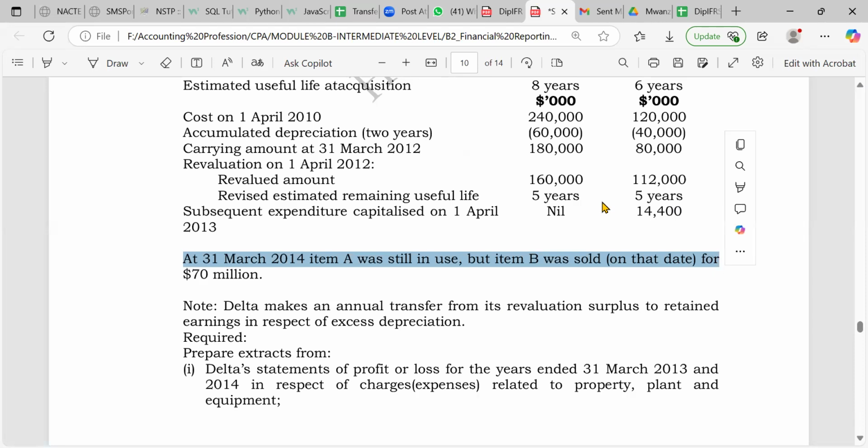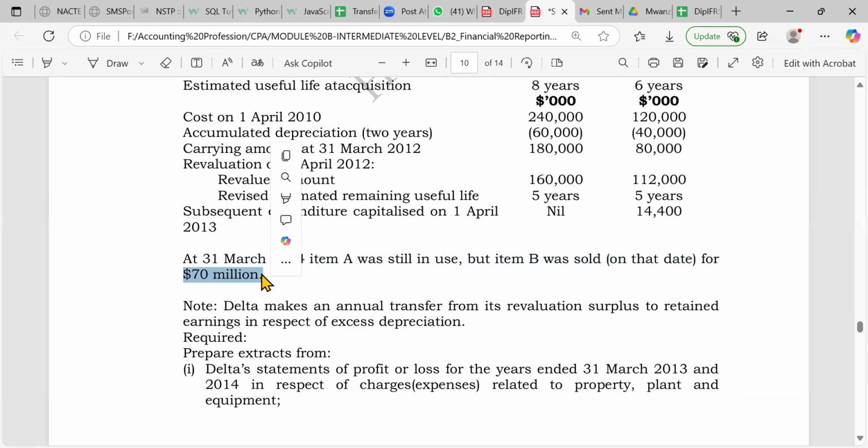Look here. Look at the currencies. These dollars were in thousand dollars. For example, this is not 240,000. It's 240 million because we had the thousand up here.